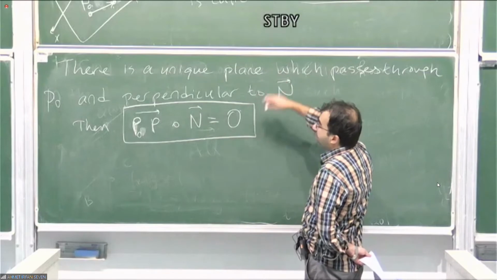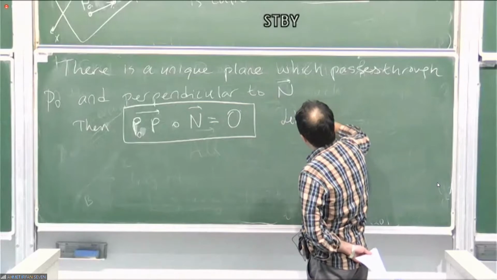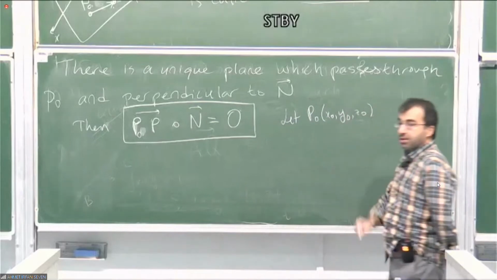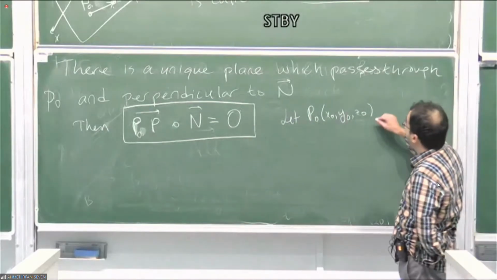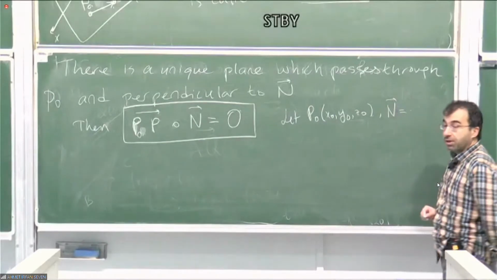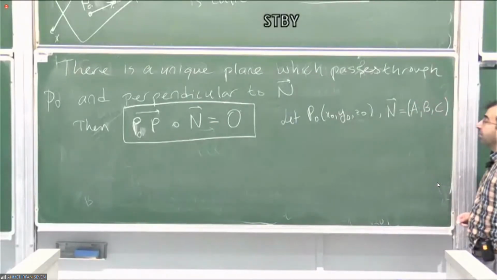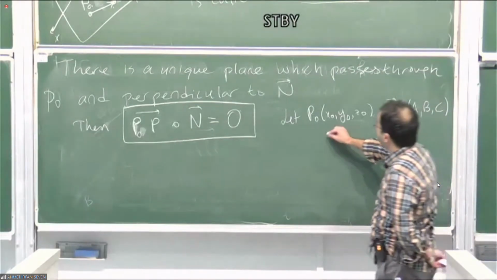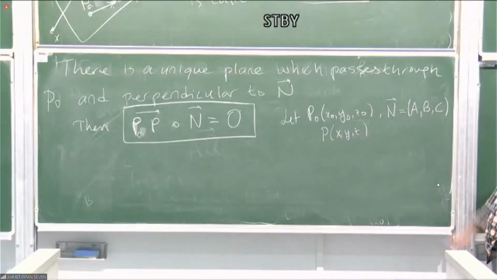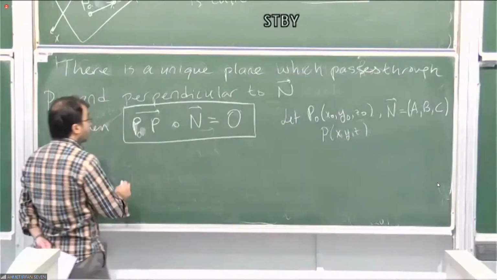Okay, let's now write it more explicitly. Let's call this point P0, its coordinates, let's say, are x0, y0, z0. Now, there is also this normal vector n. Let's also say its components are A, B, C, okay? And there is this P. P is a general point, x, y, z, which we don't know. Any point on the plane. Okay, let's now expand this dot product.